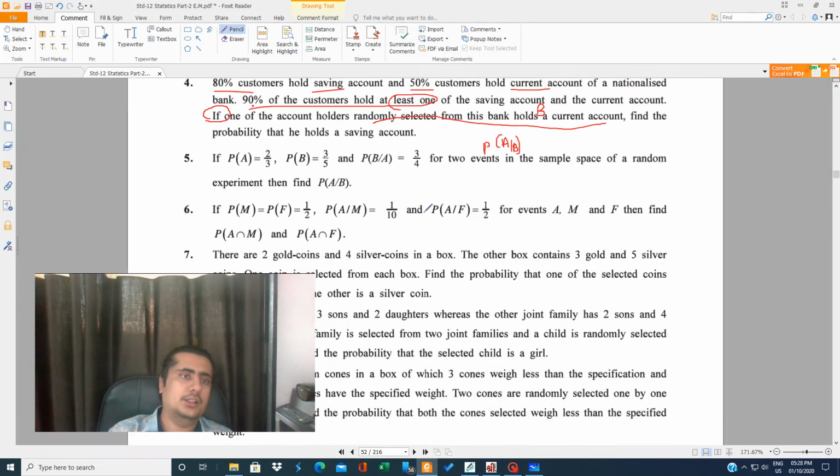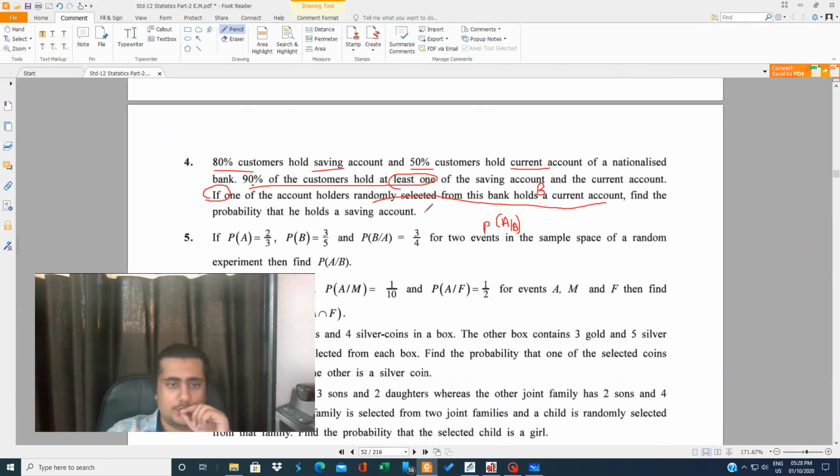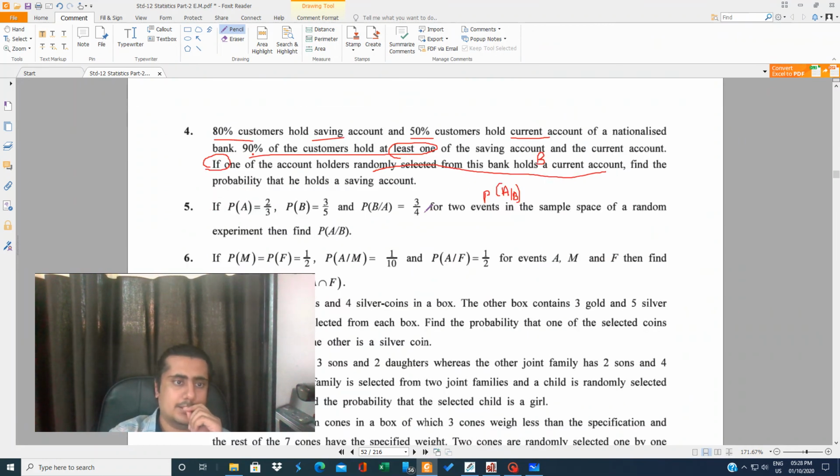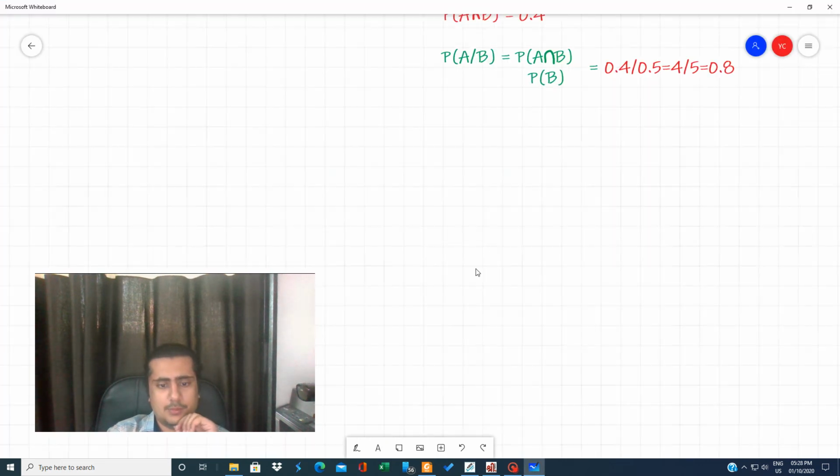So we have found this answer, and let us find the next sum, number 5. Sum number 5 is quite easy.